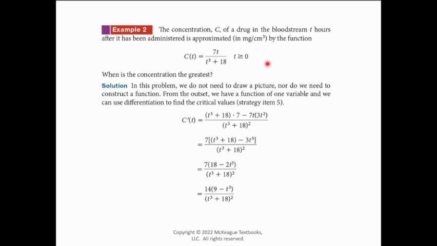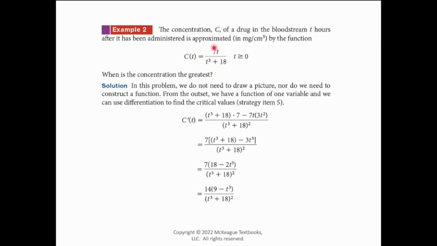In this example, there really isn't any picture that we can draw that will represent this situation other than maybe the graph. There's no geometric shapes in the context of this problem that we would want to draw and label. We can go right to taking the derivative, and we're going to use the quotient rule.